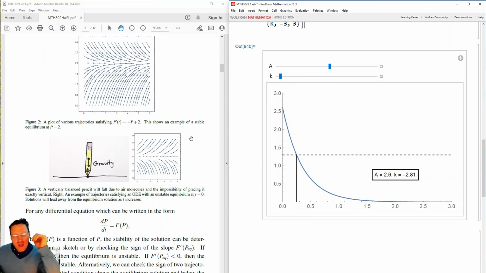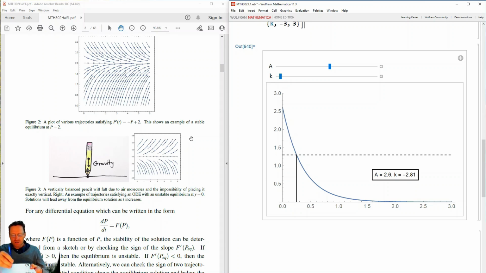All right, so we could have stable equilibrium in which trajectories tend towards a particular value, or an unstable equilibrium. Now here you can see a little drawing of a pencil under gravity, but I can do the same thing here with my clipboard and my pen. Okay, so I can try to balance this pen on the tip. Now you could describe this situation with the differential equation, but you see, as soon as I let go, it falls one direction or another, right?